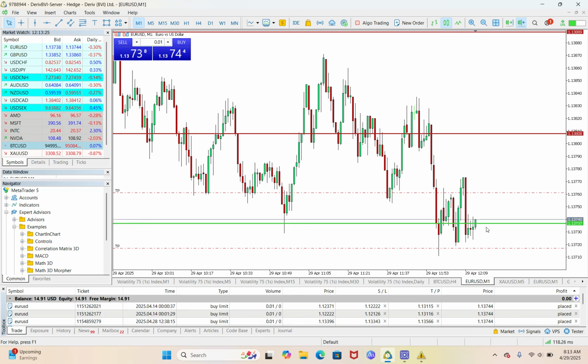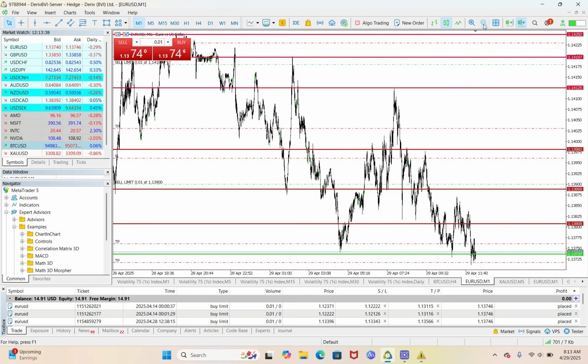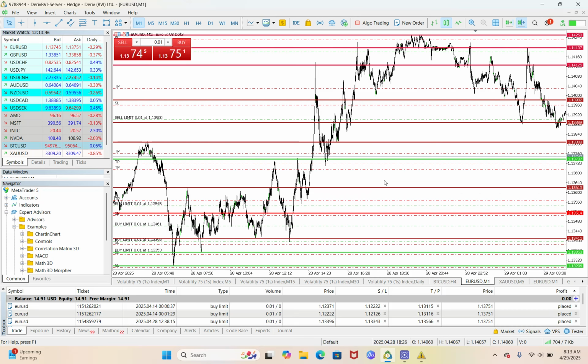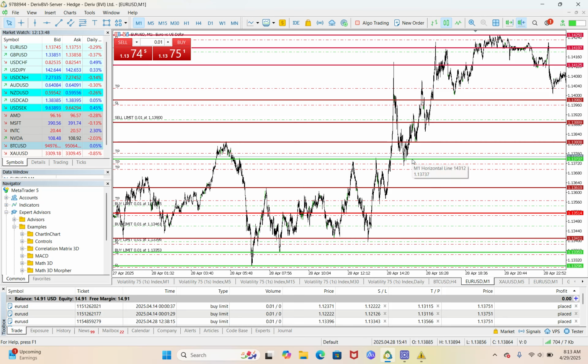Okay, so I wanna look below this area to see if there's any point of interest for buy opportunity below this price point right here, 13,737. So I wanna see if we can find any buy opportunity below 13,337.